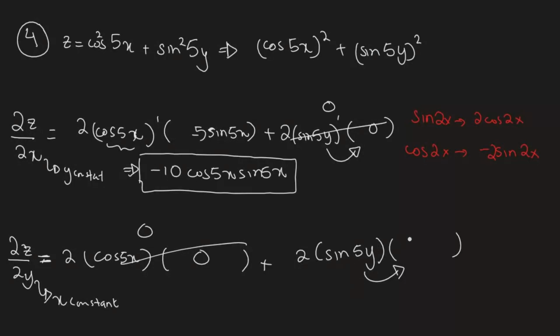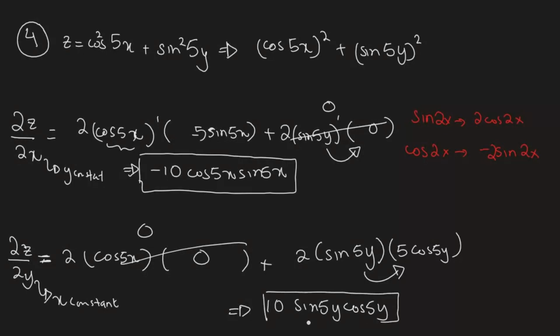So sine of 5y, the derivative of sine y is cosine y, cosine 5y, and then times the derivative of 5y. And what's the derivative of 5y? It's simply 5. Now writing it all together, 5 times 2, that's 10, sine 5y, cosine 5y. And this is the answer.